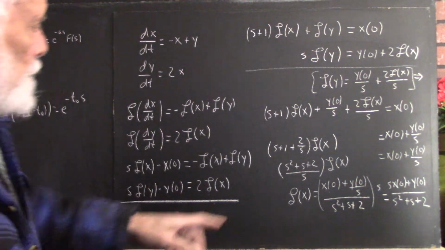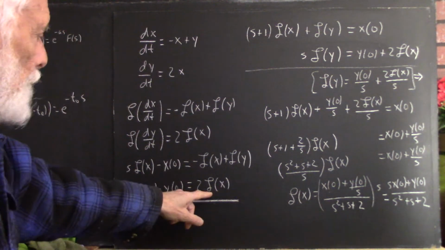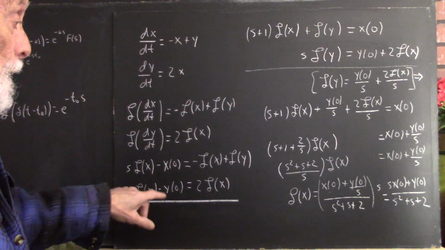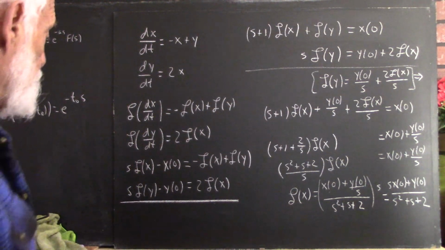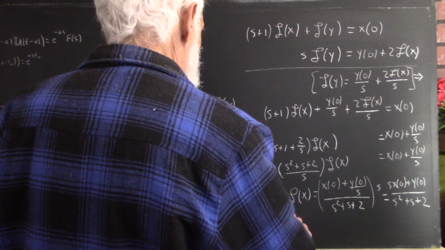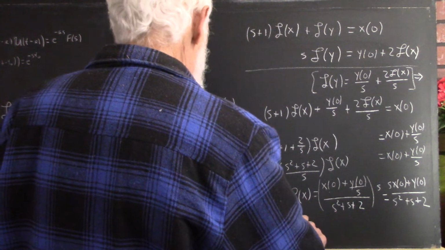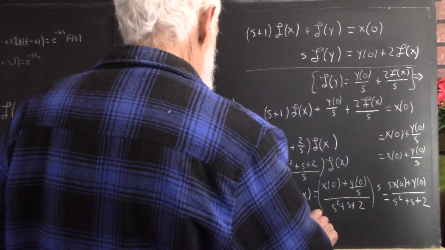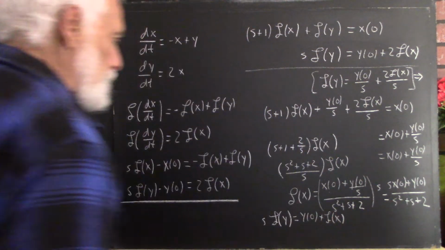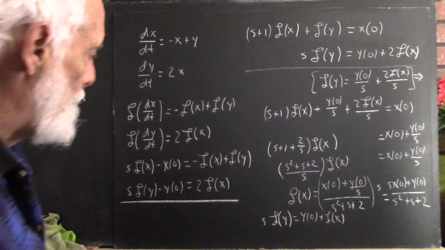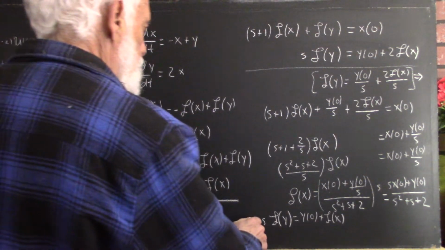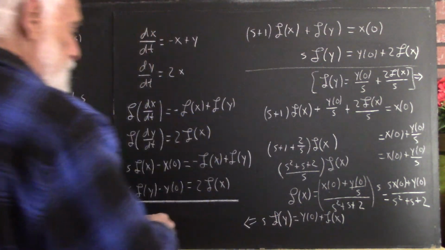And then, of course, since we know L of x, we can put that in here. And we also then have our Laplace transform of y. So that now s times the Laplace transform of y is going to equal y of 0 plus L of x. So I'm going to have to come back here to write this.